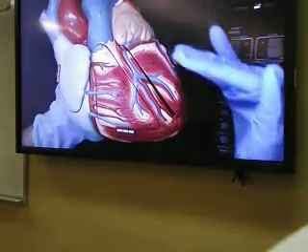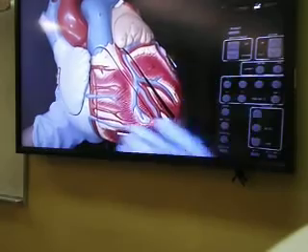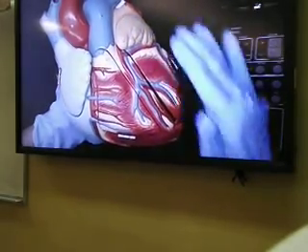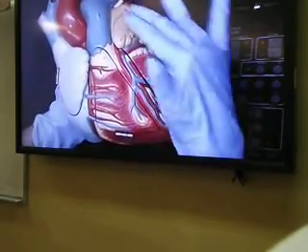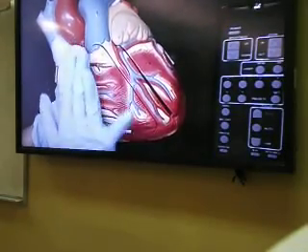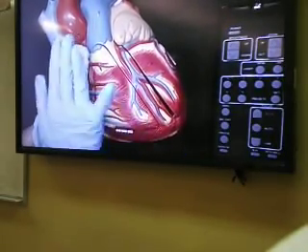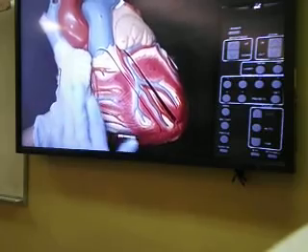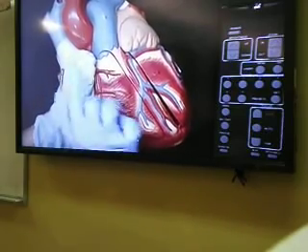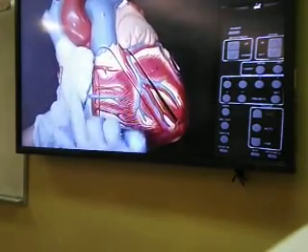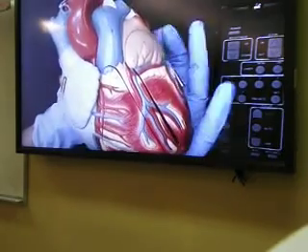The left side of the heart contains oxygenated blood, so they put that color as red. Because the right side of the heart carries deoxygenated blood, they put this color. Anywhere there is carbon dioxide rich blood, they color it blue.